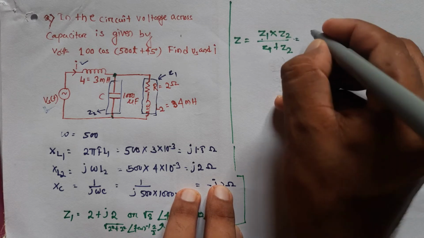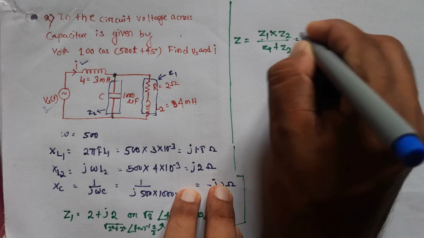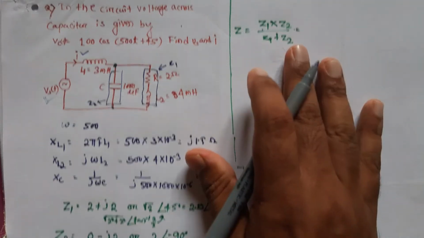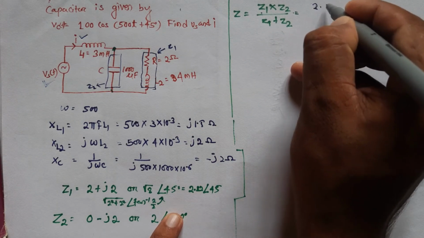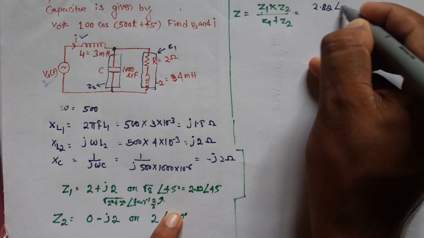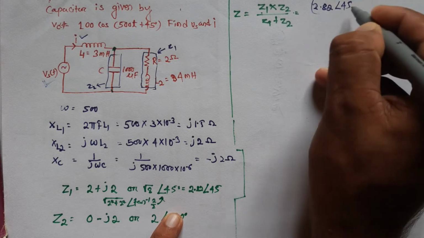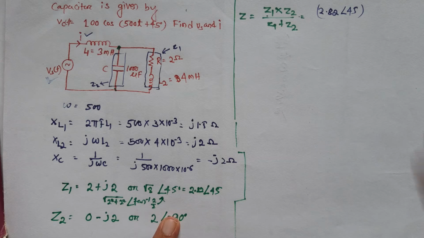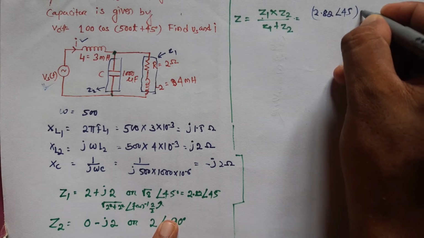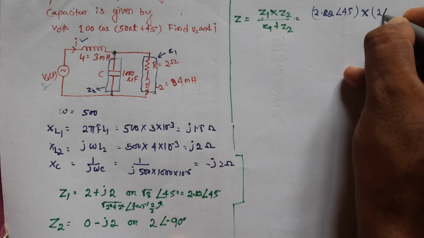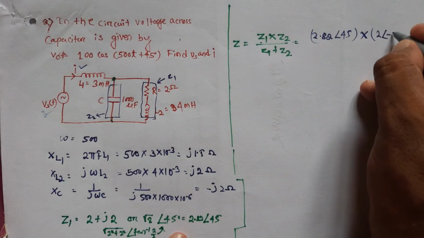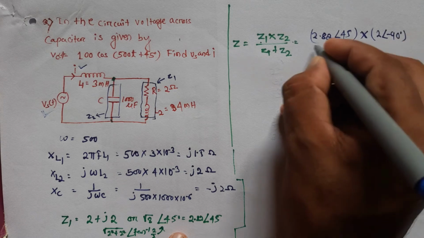The Z1 value is 2.82 angle 45, into the Z2 value, which is 2 angle minus 90 degrees.